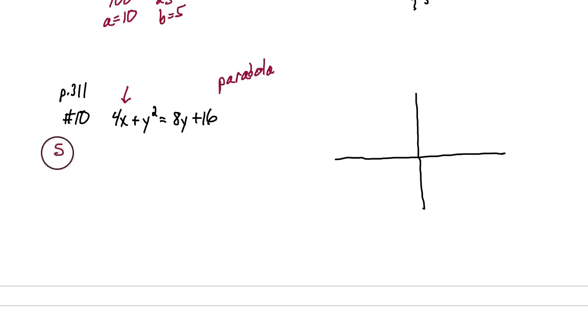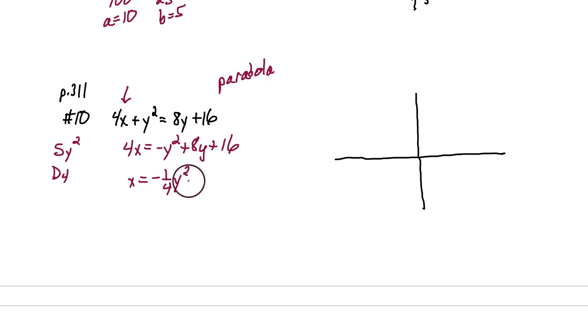So let's subtract the y squared to make it move to the other side. We have 4x equals negative y squared plus 8y plus 16. Now divide by 4. We have x equals negative 1/4 y squared plus 2y plus 4.